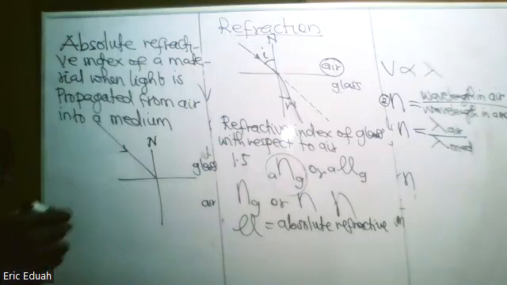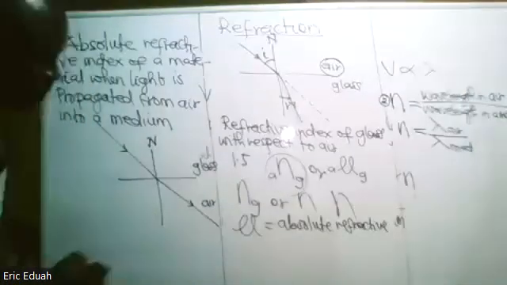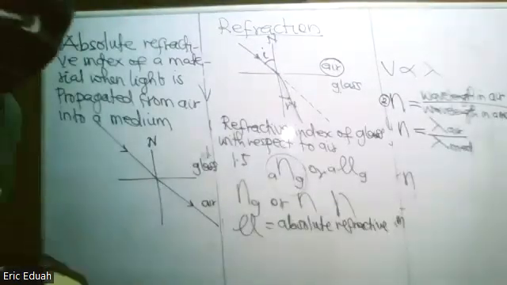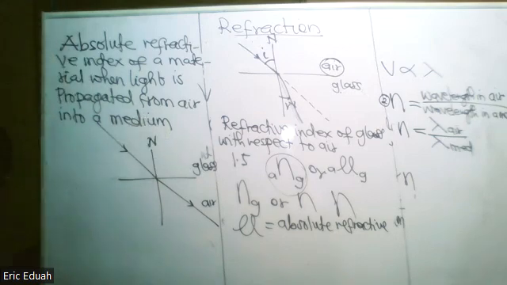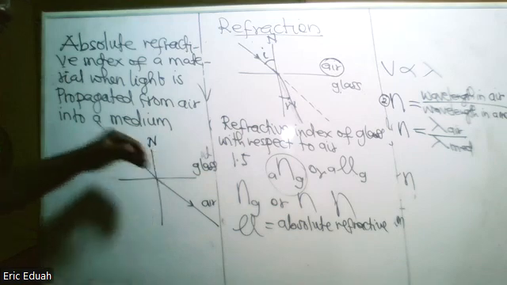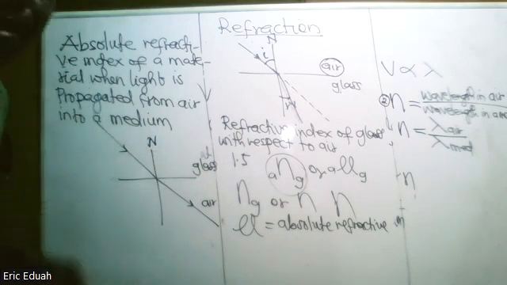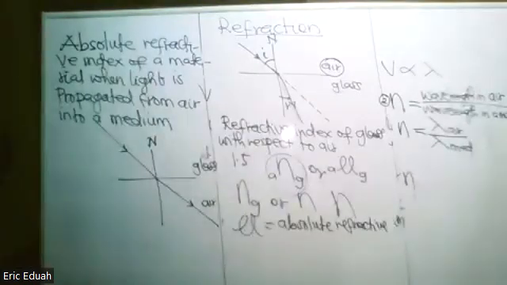Away from the normal. Good. So it will deviate away from the normal. We cannot describe this as absolute refractive index. Why? Because the first medium where the light is coming from isn't air. Please, class, are we okay?